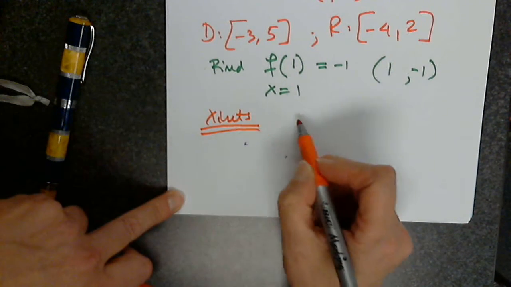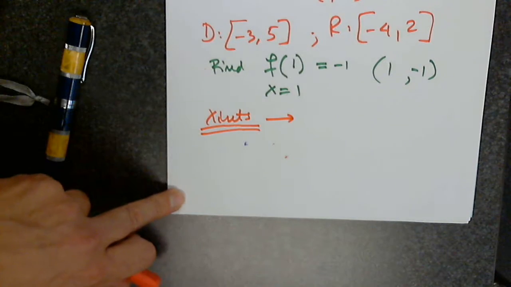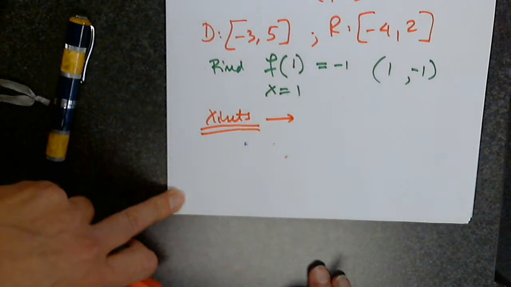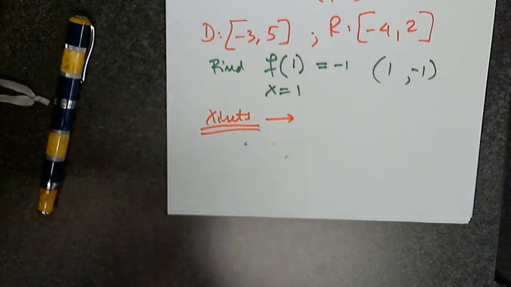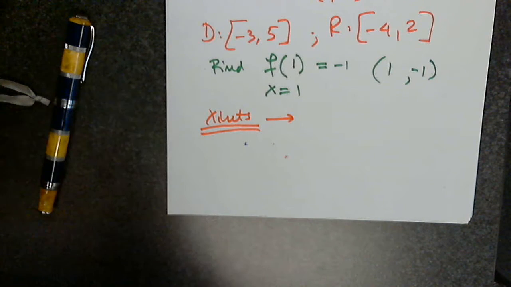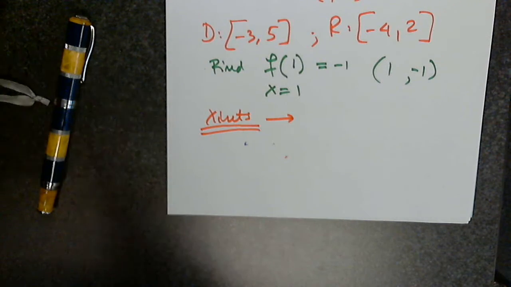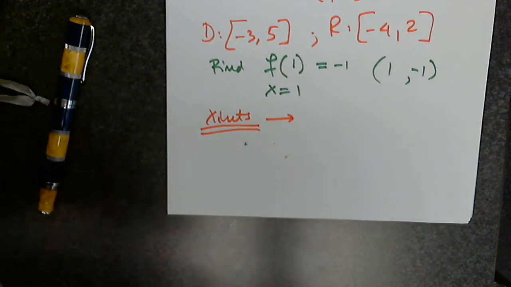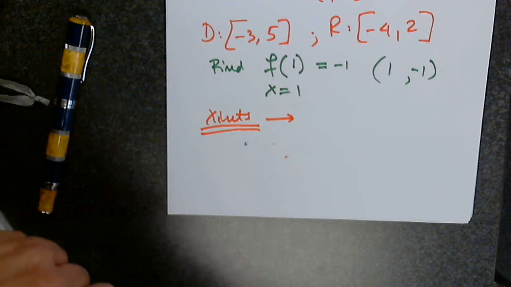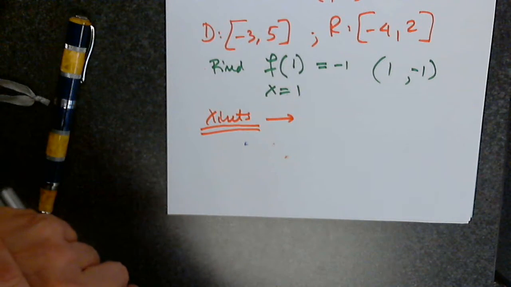X-intercepts, if they exist. Does this function cross the x-axis? Approximate? No, the x-intercept cannot have x0.